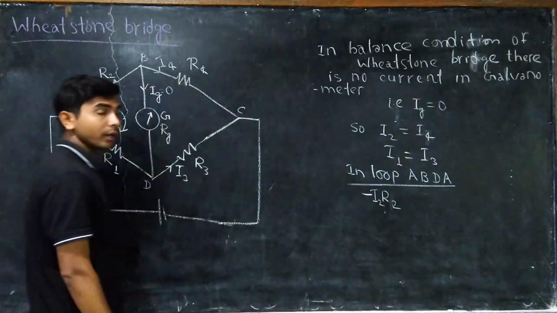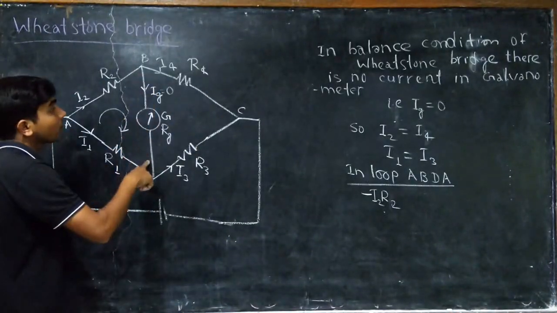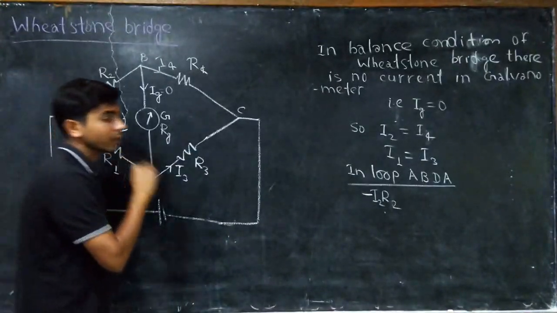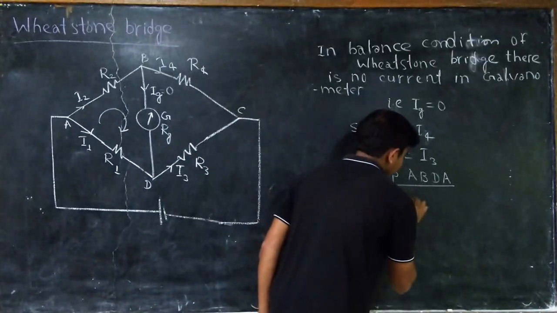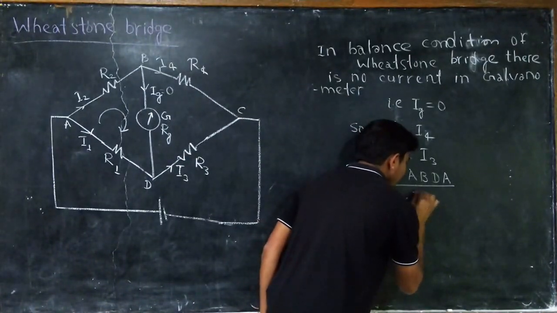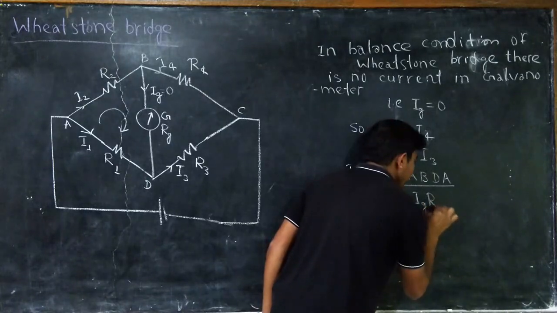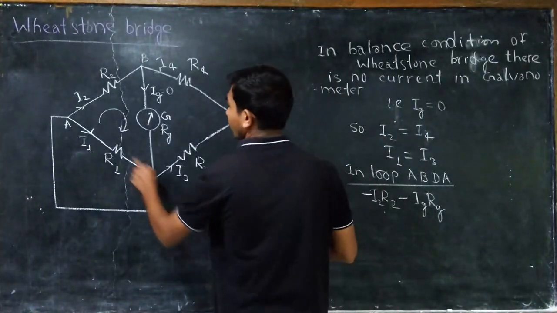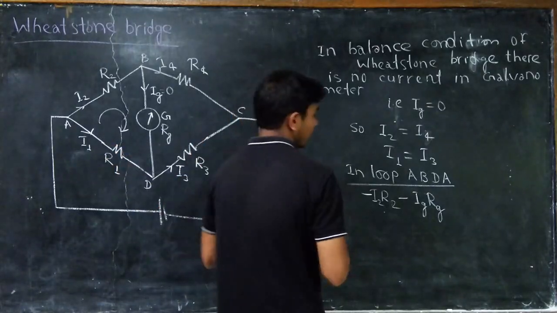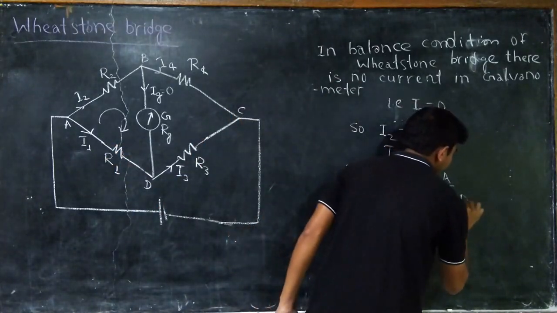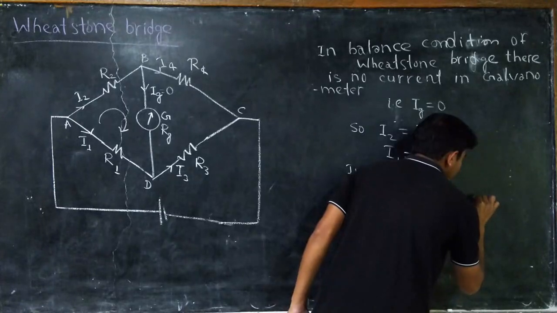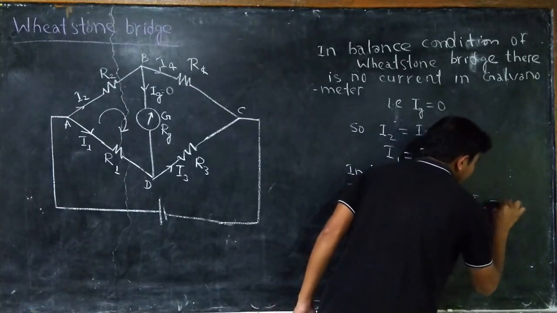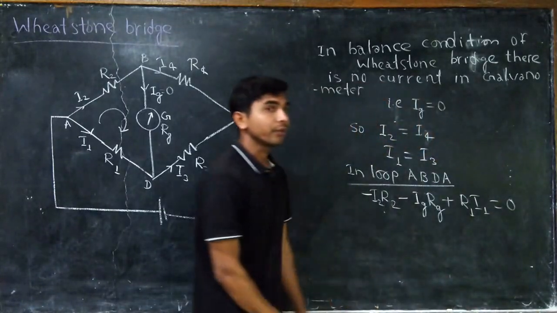Next, this one again we are moving towards the direction of current, again a negative sign will come, so we can write IC RC. And this one to this one is opposite to the direction of current, so we will take a positive sign, and that value is R1 into I1, equal to 0.